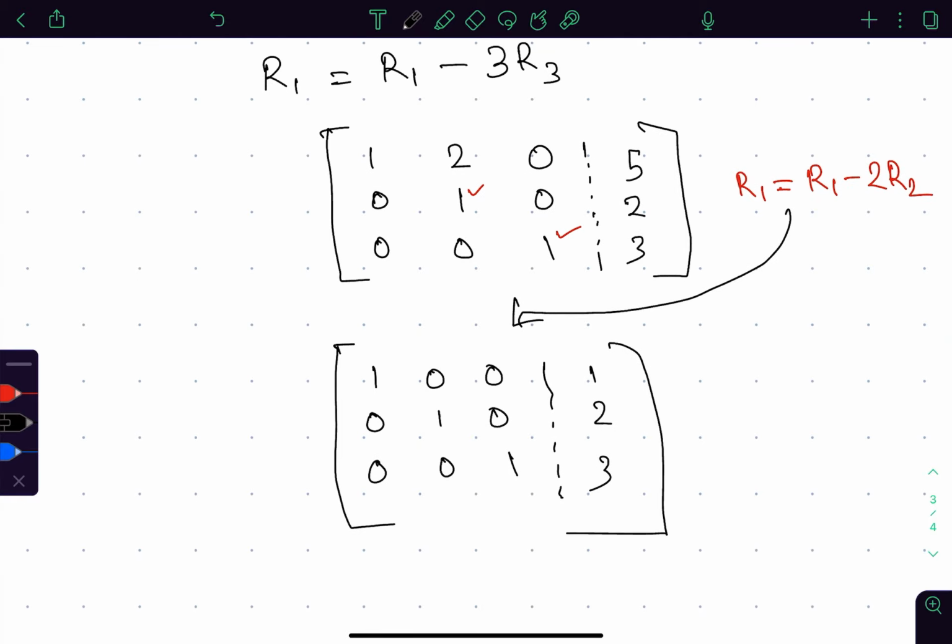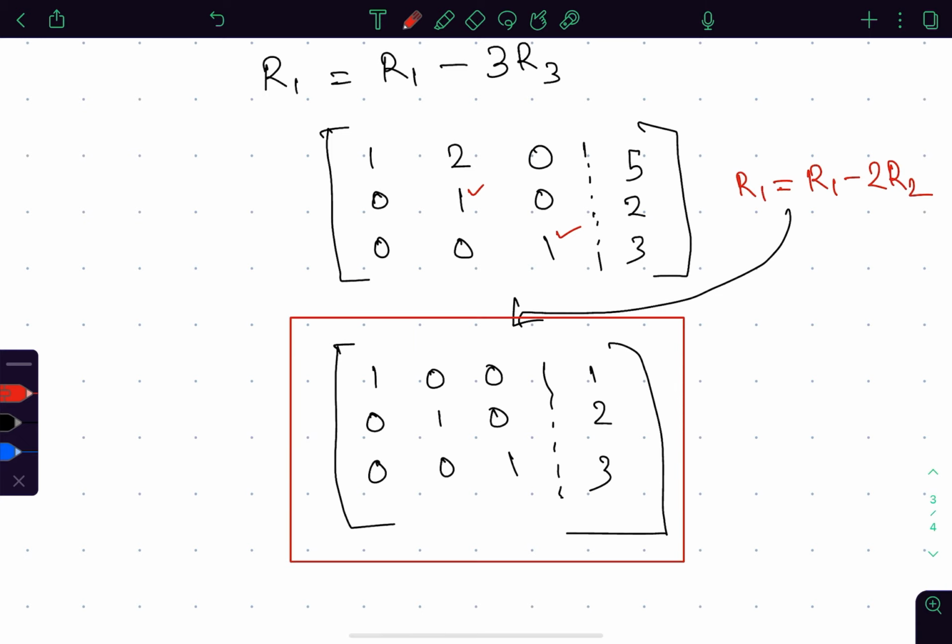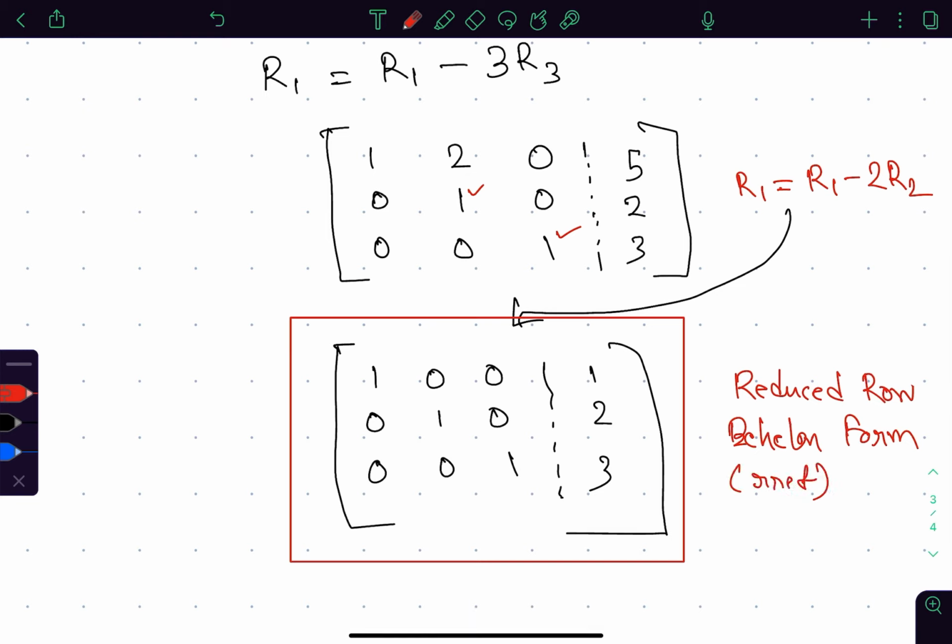Now the thing that we have here is called reduced row echelon form, or RREF for short, and also in Octave. You can see that we have the identity matrix here.